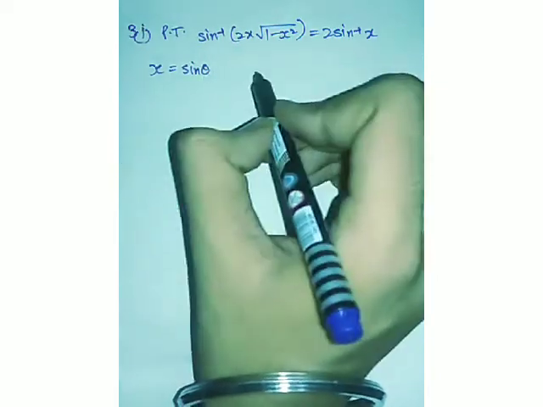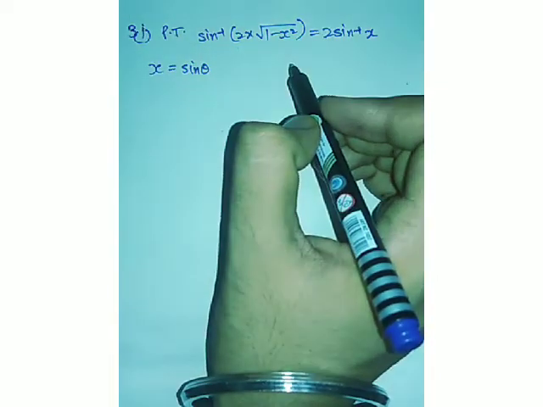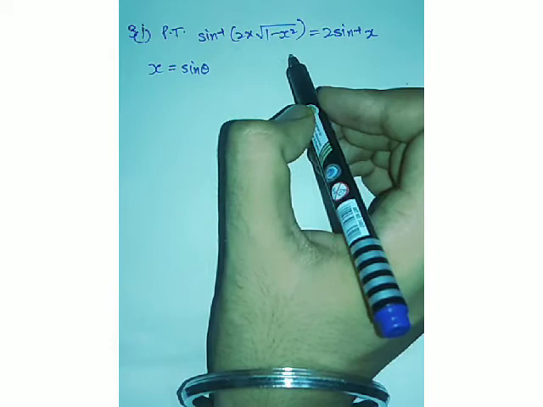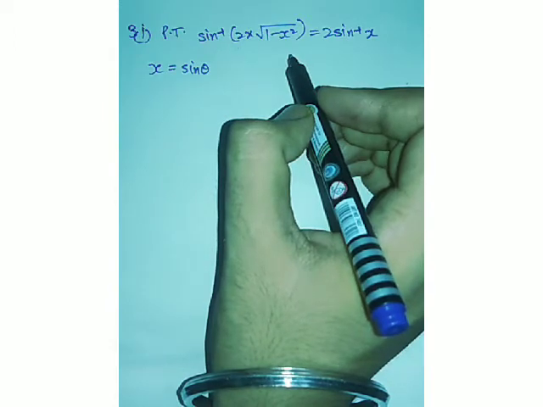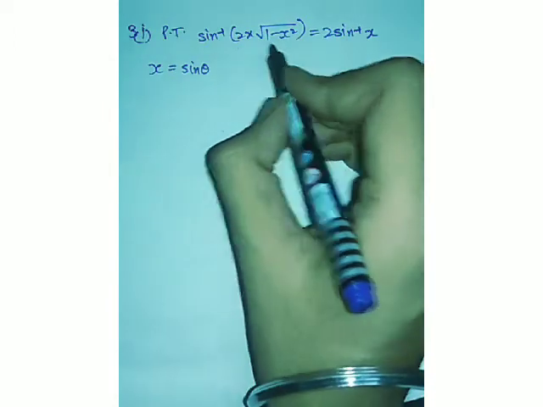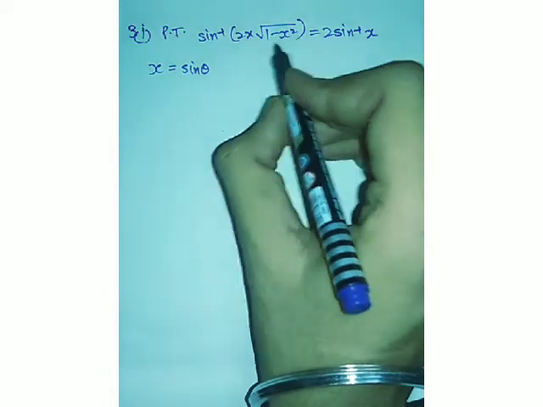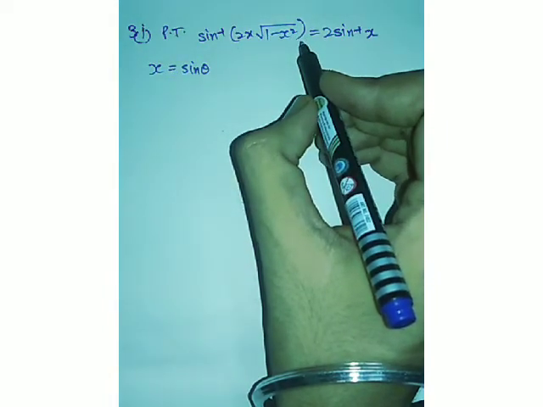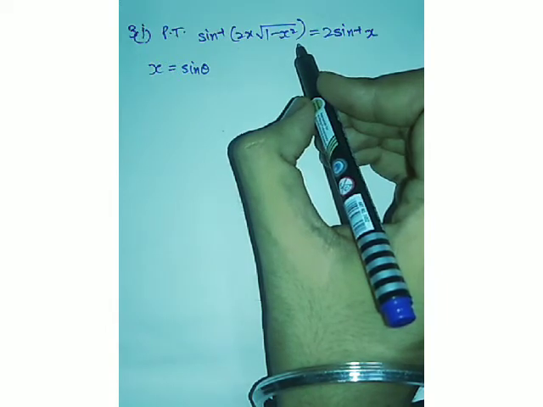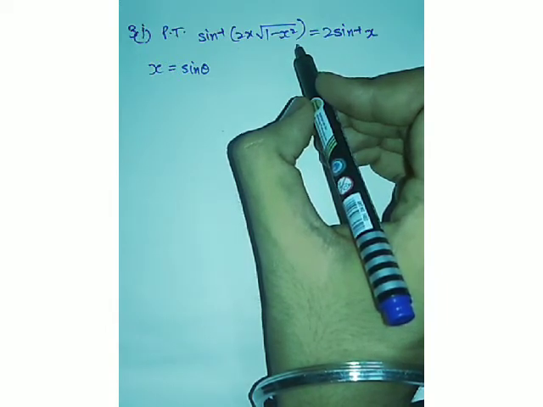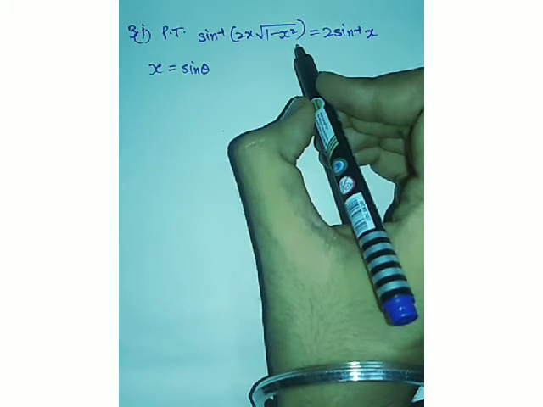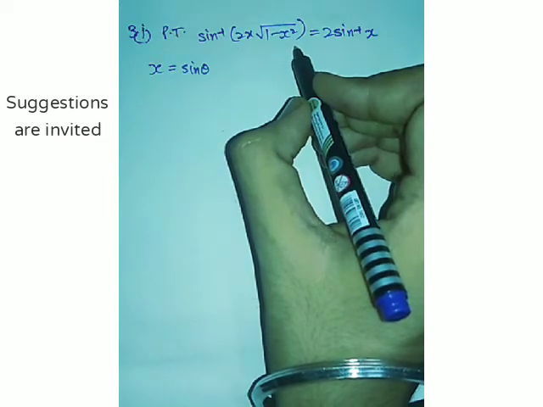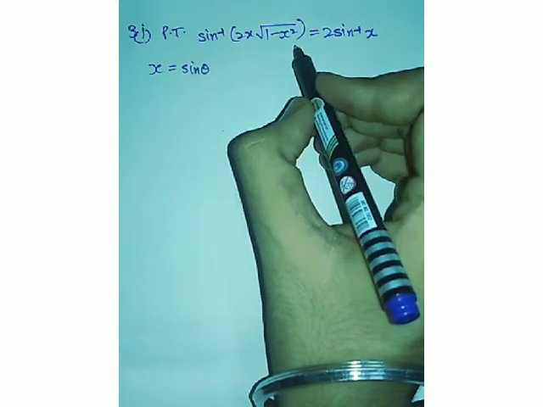Now, how will you remember that we have to substitute x with sine or cos or these kinds of trigonometric functions? Here is the thing: when you get this term 1 minus x square in the statement, you have to understand automatically that sine or cos will be substituted, because you know that 1 minus sine square theta is equal to cos square theta, and 1 minus cos square theta is equal to sine square theta.